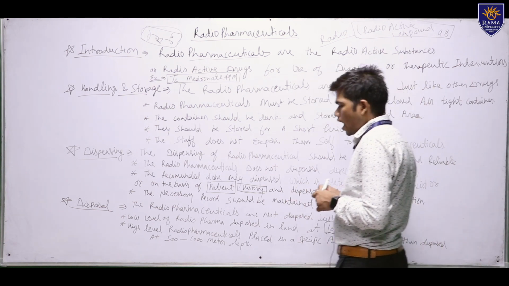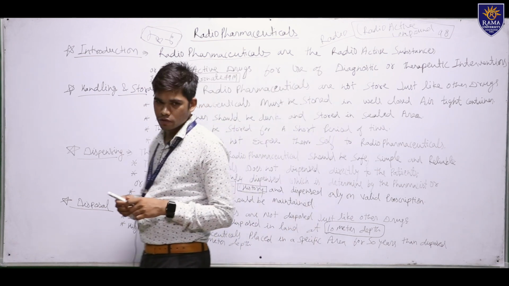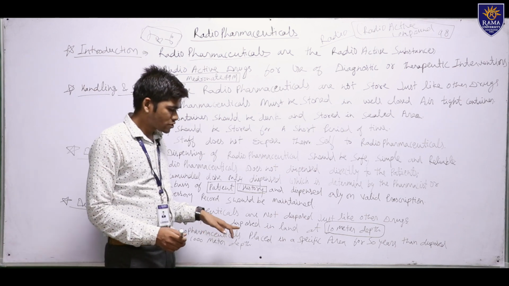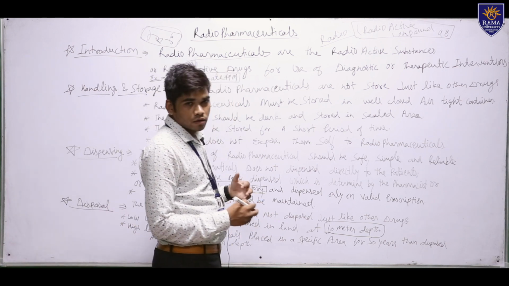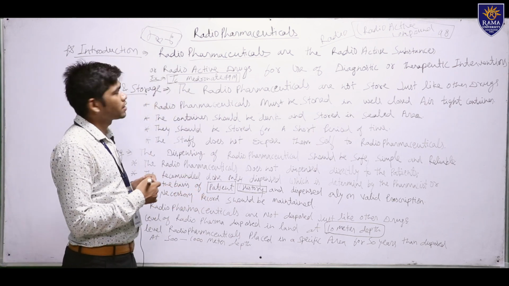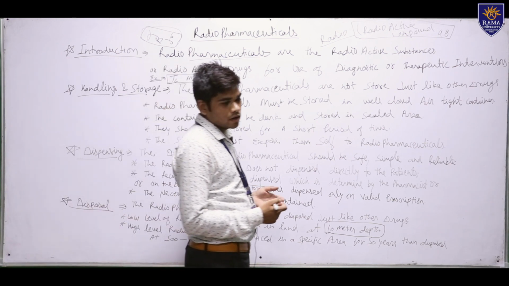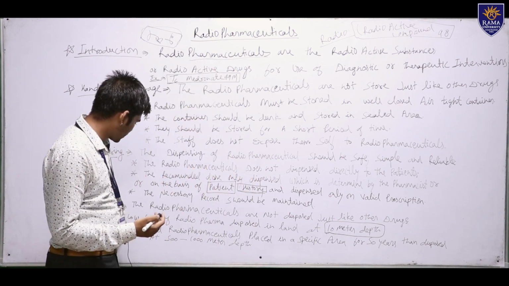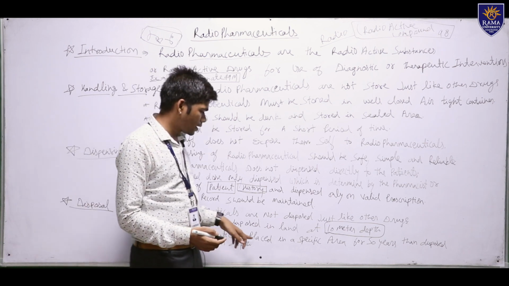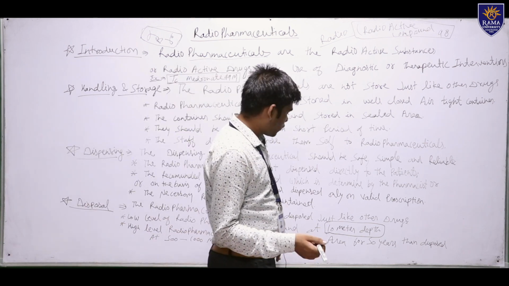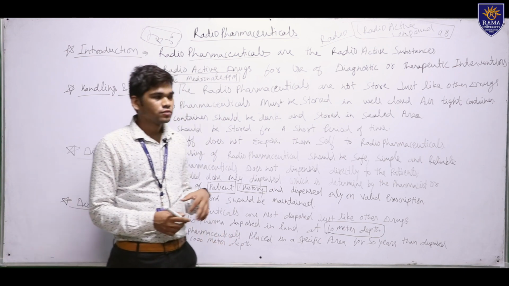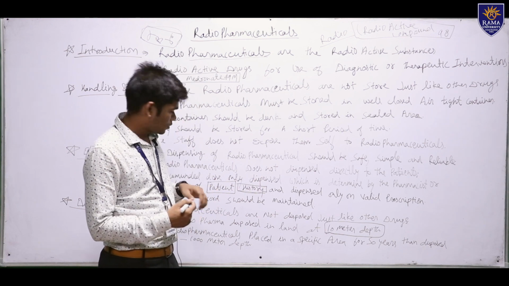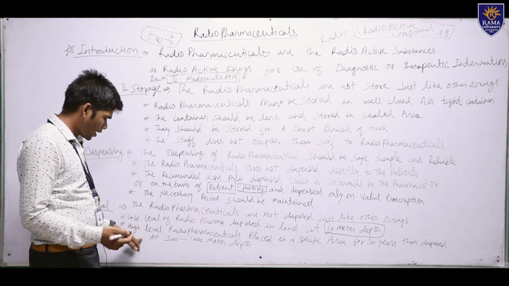But what about high-level radiopharmaceuticals? High-level radiopharmaceuticals can easily damage DNA and other genetic material. So they are placed in a specific area for 50 years to reduce their radioactivity and radio waves.